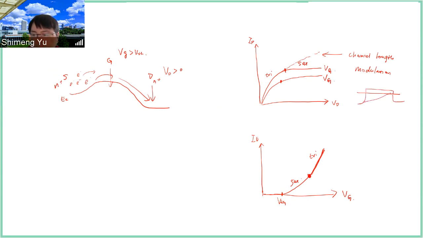So here, this is the channel with the electrons. So if you consider this pinch-off point shifting to the left with a larger drain voltage, then the effective L is going to decrease. Then the current will further increase. So this is a second order effect. And we will specify in the question whether you will need to consider this or not.